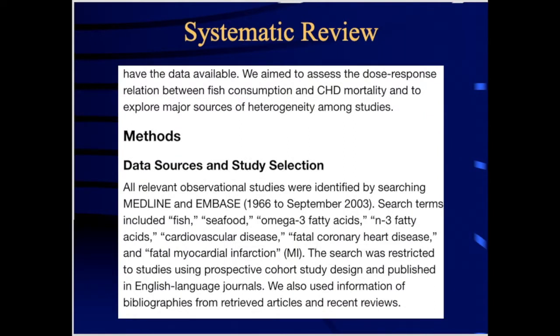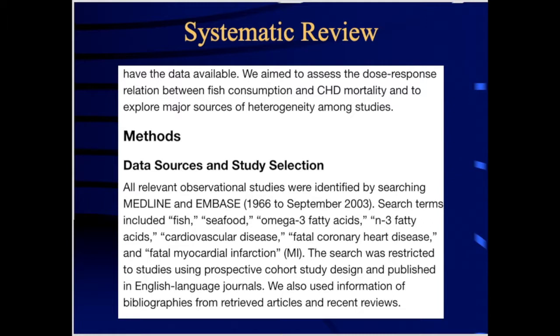So let's look at an example of a systematic review. We can see here in this example, which was published in Circulation in 2004, accumulated evidence on fish consumption and coronary heart disease mortality, that authors state explicitly the inclusion criteria for their studies. All relevant observational studies were identified by searching Medline and Embase from 1966 through September 2003.